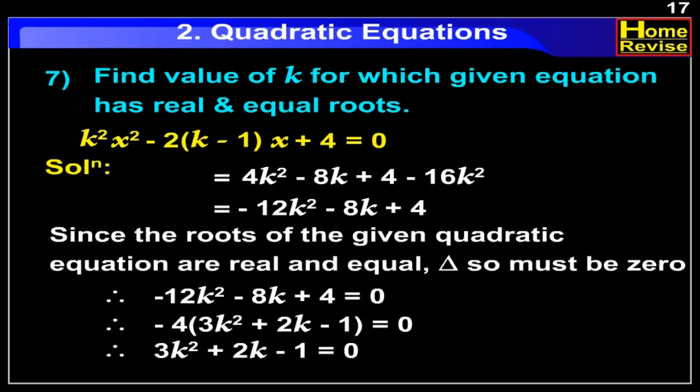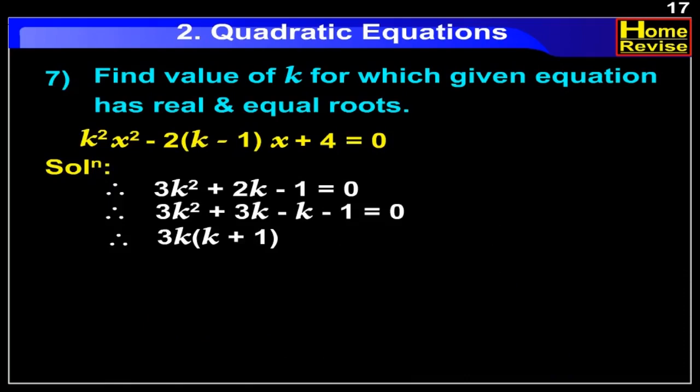Therefore, 3k square plus 2k minus 1 is equal to 0. Therefore, 3k square plus 3k minus k minus 1 is equal to 0. Taking out 3k common from the first two terms, we have 3k(k plus 1). And taking out minus 1 common from the next two terms, we have minus 1(k plus 1) is equal to 0.